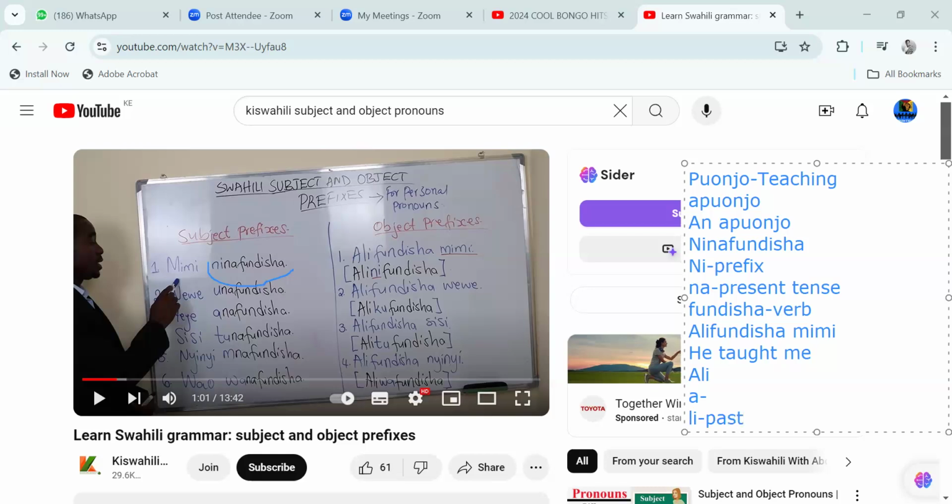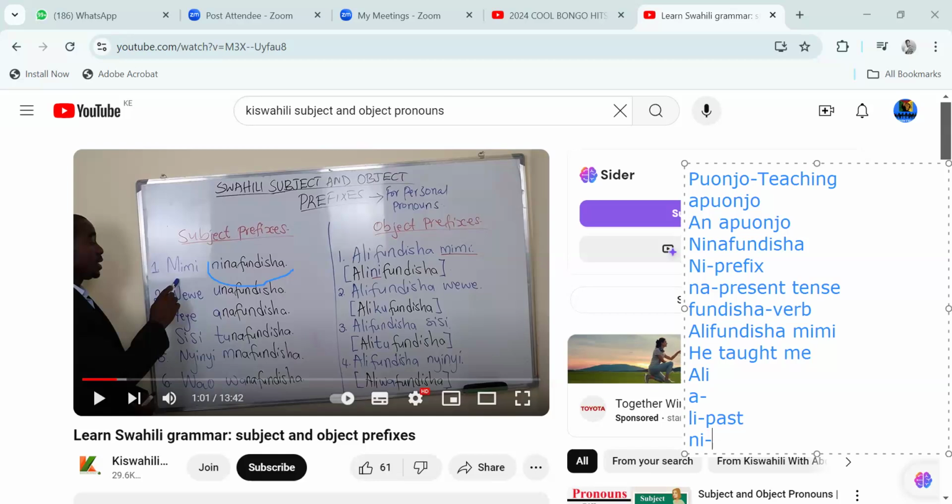So you can break the sentence into its structure. Ali, this is a reference to he, then li, then you have the ni. The ni here goes directly to the prefix of mimi. So li, ni, you're breaking down the sentence. All this part can be referred to as a prefix, anything that comes before the verb itself. But of course, there are names called Ali. Yeah, that's why I just thought, maybe, but then it's used in everything. Okay, thank you. It's basically an Islamic name.